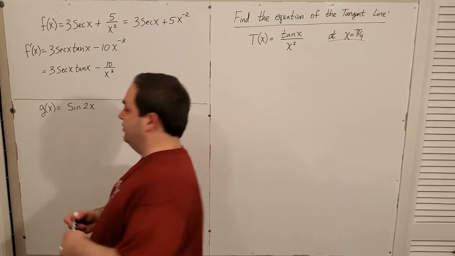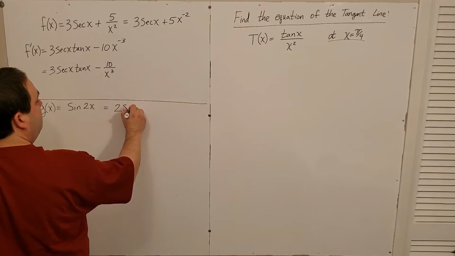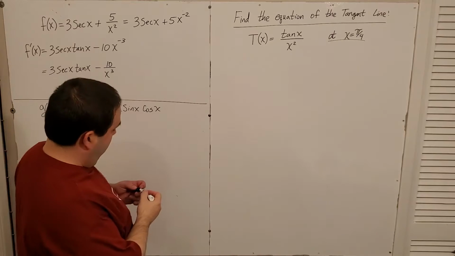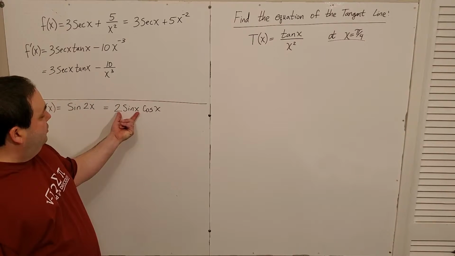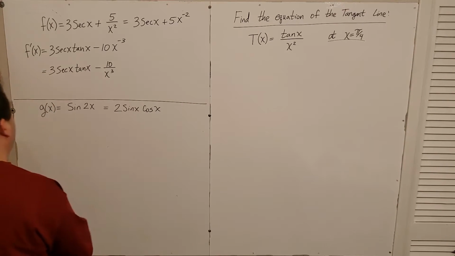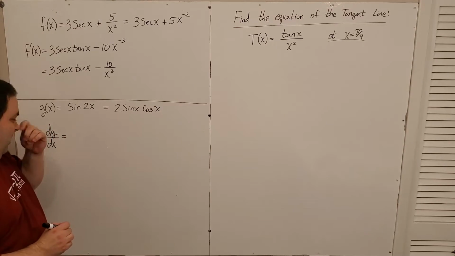Right? Sine of 2x is equal to 2 times sine x times cosine x. And then I've just got a product rule of the 2 sine x and the cosine x. All right, so here we go. dg dx, right? That's another way that I can write derivative.